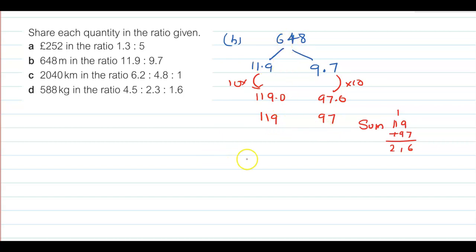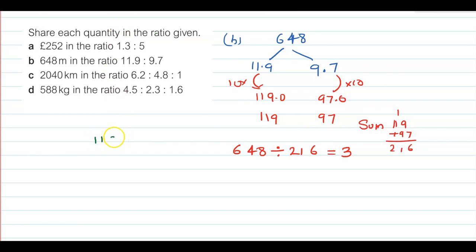Then after that you need to divide 648 by 216. Okay, 216 times 3, so you will get 3 here. So multiply 3 with 119 and 97.